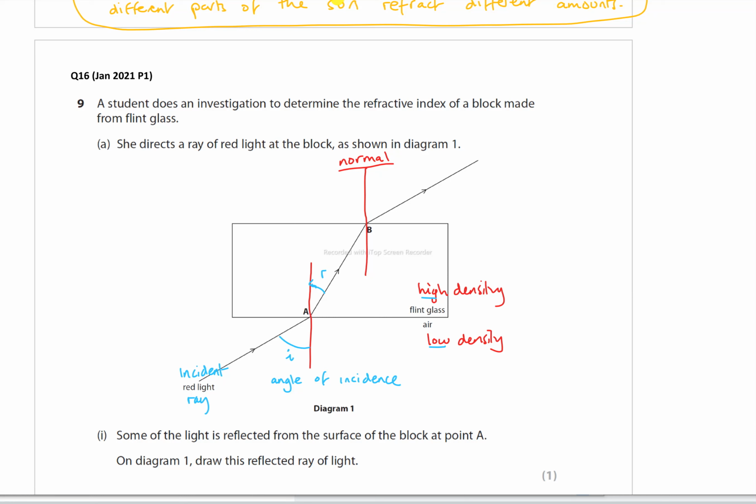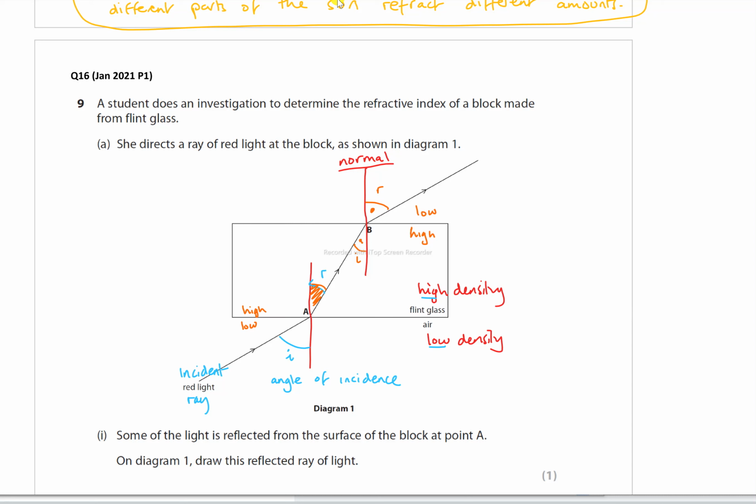Now you've got to be careful on this side, because this here is now the angle of incidence and this is the angle of refraction. And have you noticed this is bigger than this because it's going from high density to low density. I always get that wrong. So when you go from high to low, it bends away from the normal. When you're going from low to high, it bends towards the normal.